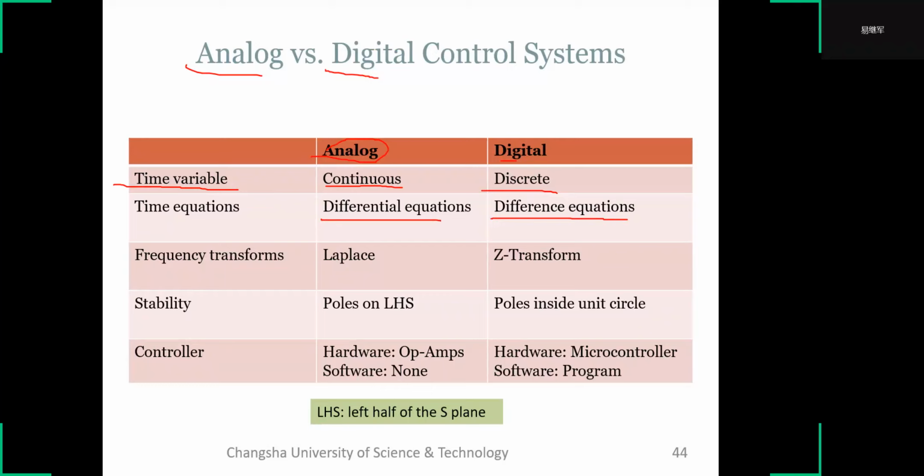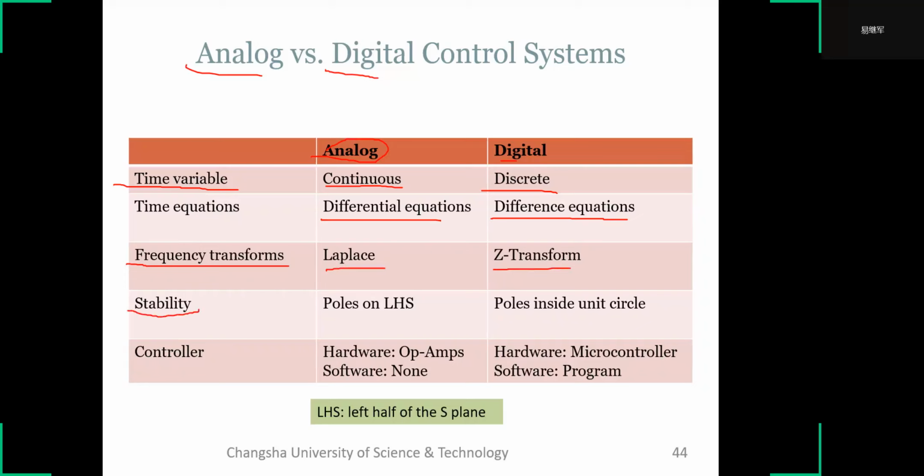For the frequency transforms, the analog model uses the Laplace transform. The digital model uses the Z transform.